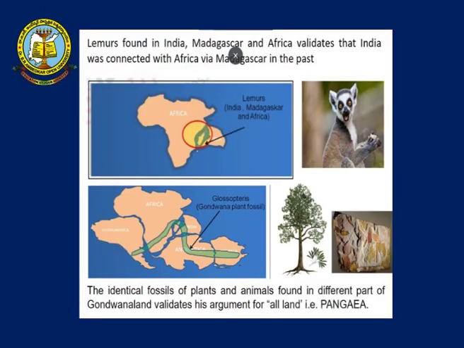Lemurs found in India, Madagascar and Africa validate that India was connected to Africa via Madagascar in the past. And he also identified some of the Glossopteris plants that were found only in the Gondwana island, that is in Australia, Antarctica, India, Africa and America.